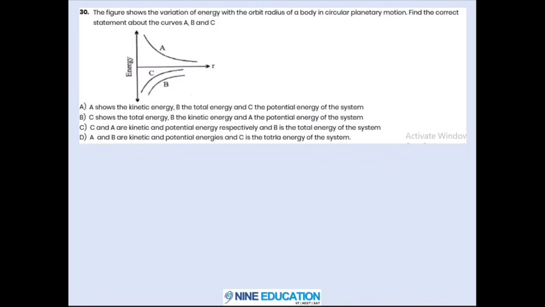Now numerically, which one is greater? Total energy is greater or potential energy is greater? Numerically, not with sign, only magnitude wise. Magnitude wise, potential energy is greater, because it is something like this.